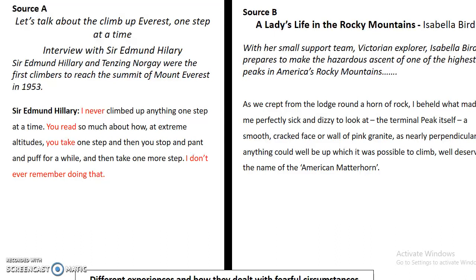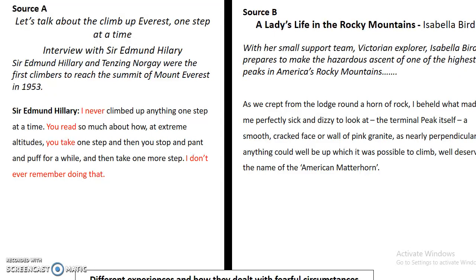So he's trying to tell us through the imperative verbs take, read, and so on, that the members of the public, referred to as you, you take, you read, you stop and pant and puff, are very different to Sir Edmund Hillary because he found it really easy.